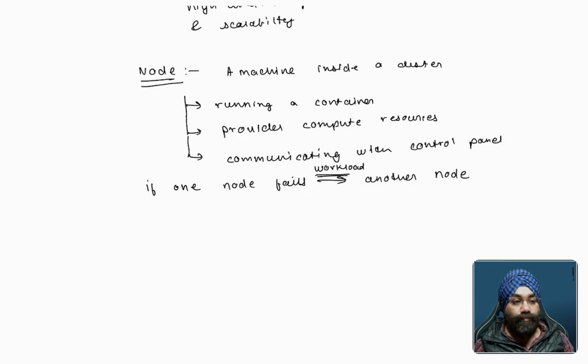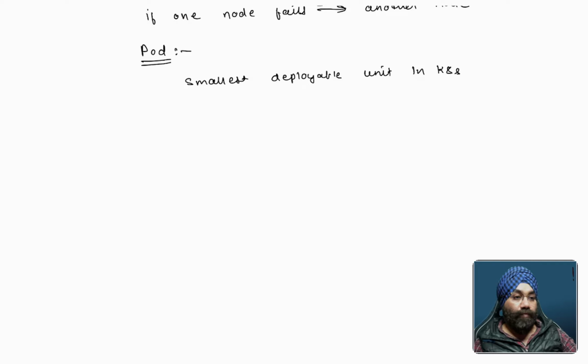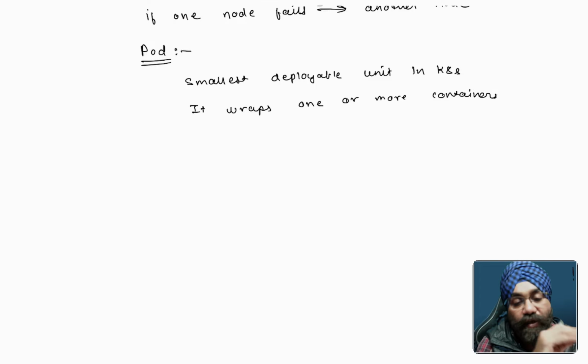Okay, now the most important concept is a pod. A pod is the smallest deployable unit in Kubernetes. Okay, it wraps one or more containers, but generally we wrap only one container in one pod.